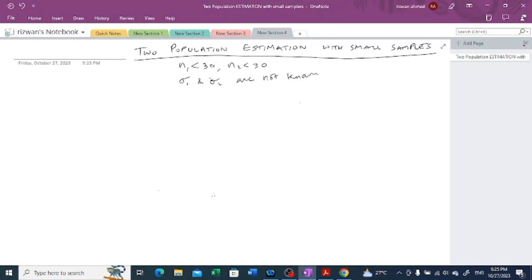Further, we assume that data are approximately normal. So we have two different applications to compare the difference between two population means.